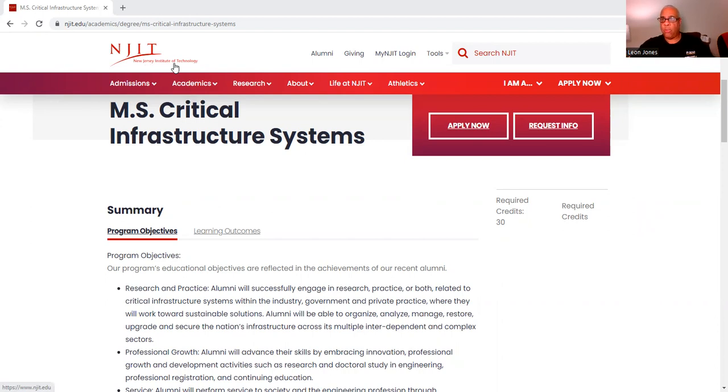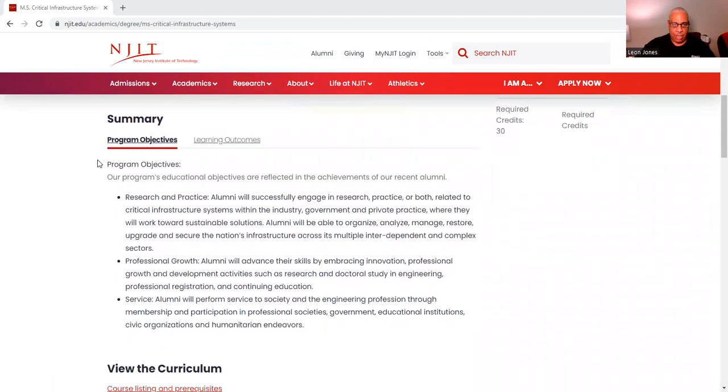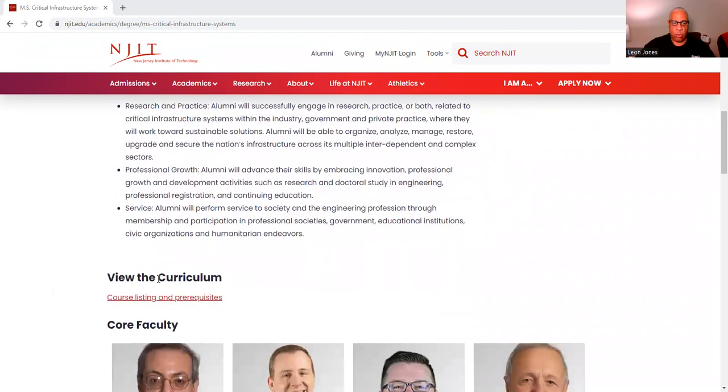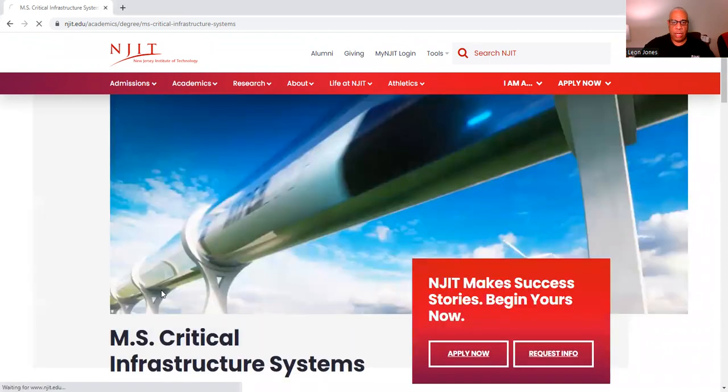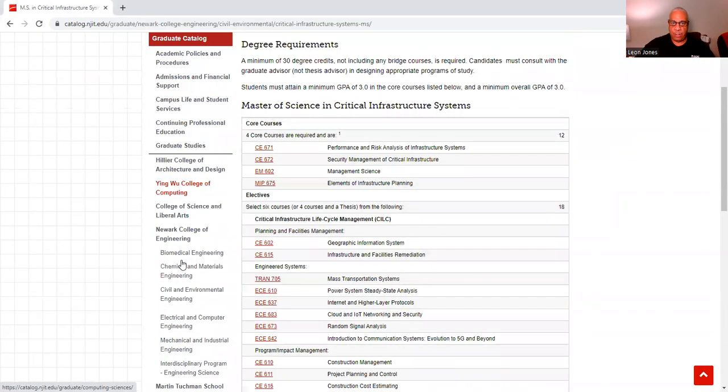The University of Washington has a program. Capital University in Laurel, Maryland has a program. But what really attracted me to critical infrastructure? Well, because it is engineering based, and some of the courses that you take in this curriculum.